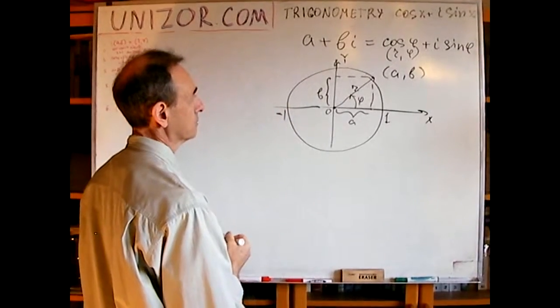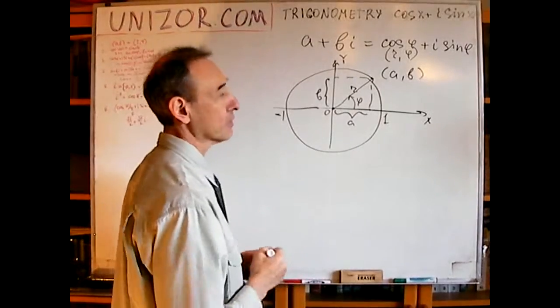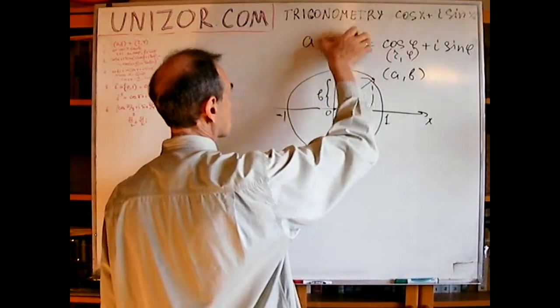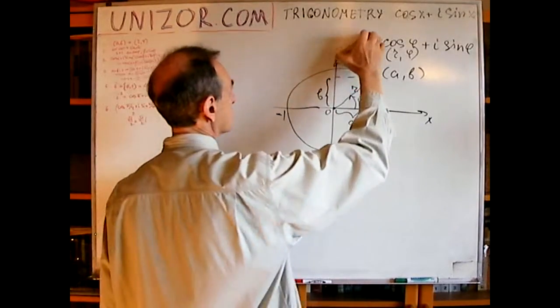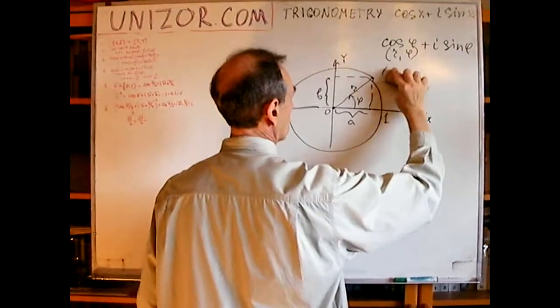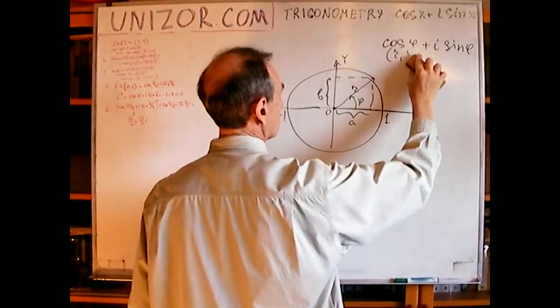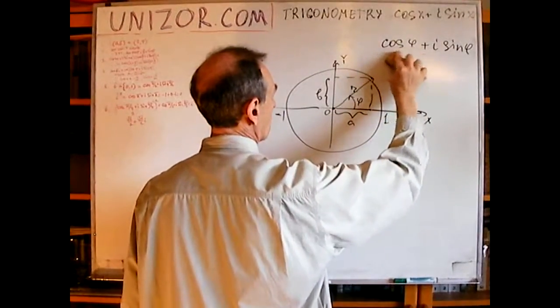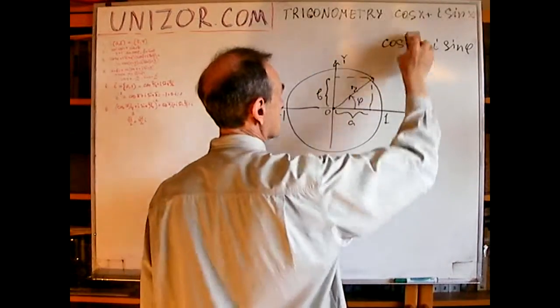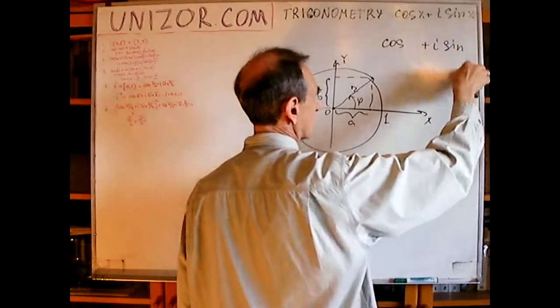Let's consider we have two different complex numbers on the unit circle. So this would be my first number. And you know what? I'll use the letter alpha instead of phi.